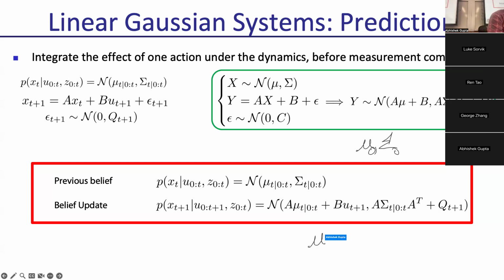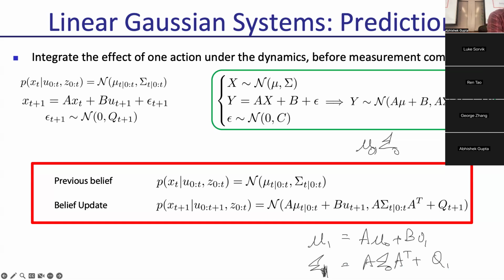If you want to compute mu 1, you're just going to say mu 1 is equal to A mu naught plus B u 1. That's it. And sigma 1 is equal to A sigma naught A transpose plus Q 1. A and B don't change. A and B are part of your system. Q is part of your system.